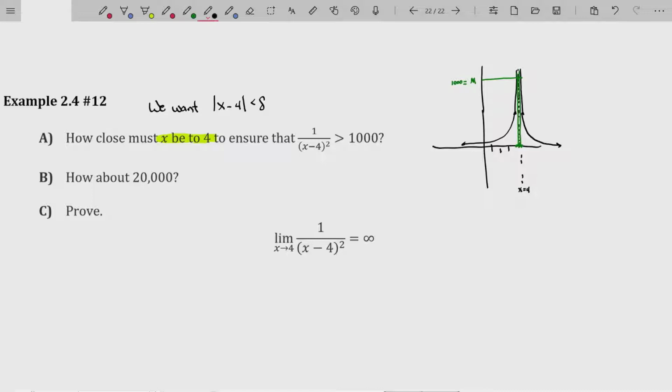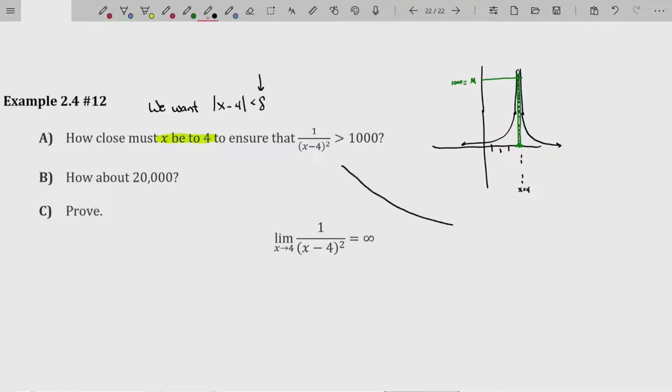And to get that distance to be really small, because again, how close does x have to be to 4? That's just saying x is within a delta neighborhood of 4. We need to find that delta. So that, and here's the one inequality they've handed us, so that 1 over (x minus 4) quantity squared is greater than 1,000. I can work with that. I want to get the absolute value of x minus 4. That seems to be pretty easy to do here.